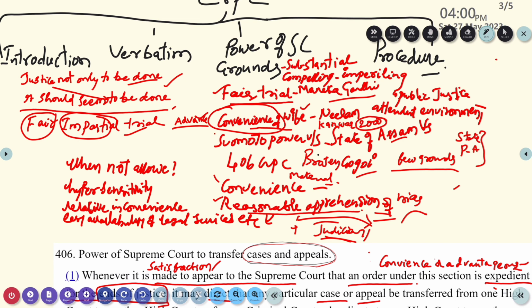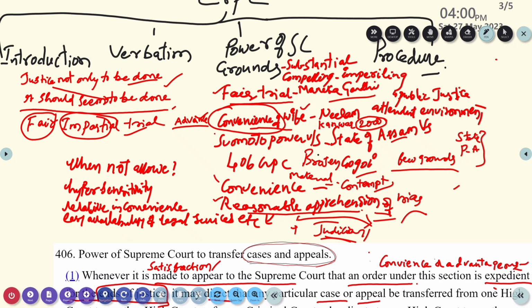If we ask for transfer on that ground, we may face contempt of court, unless it is well established. So this ground has to be taken care of.